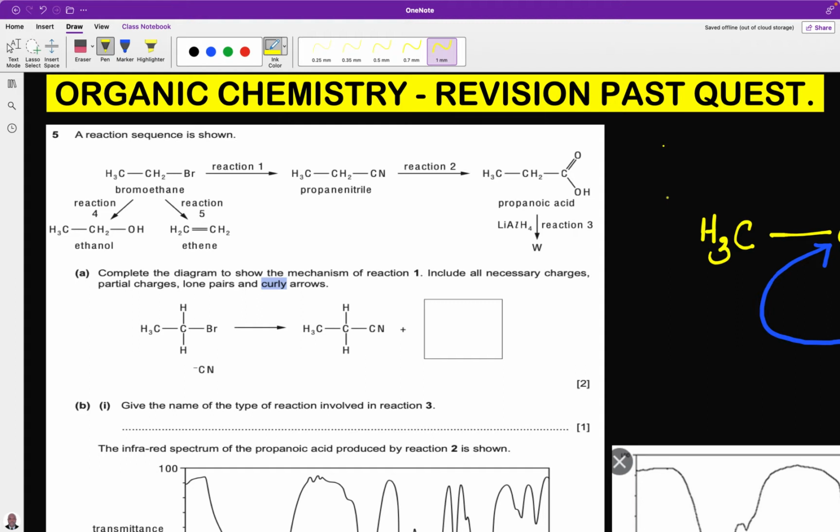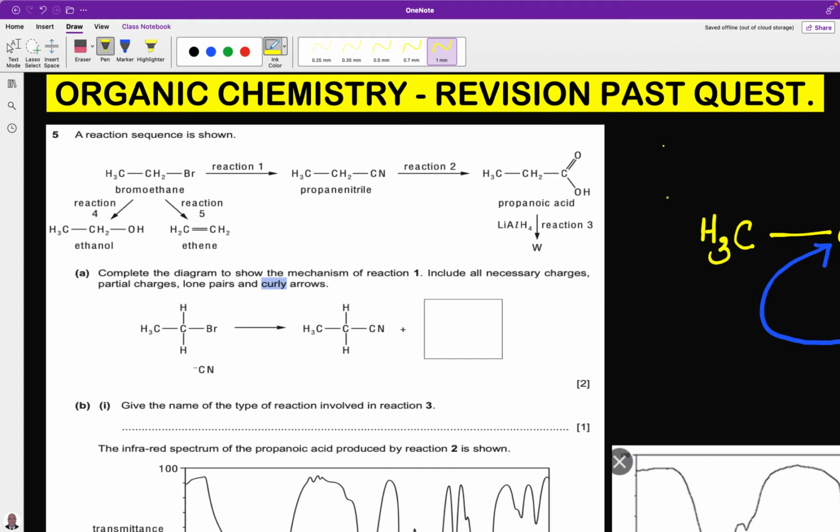There is primary, there is secondary, and there is tertiary halogenoalkane. For the purpose of revision, what type of reaction mechanism does primary halogenoalkane undergo?